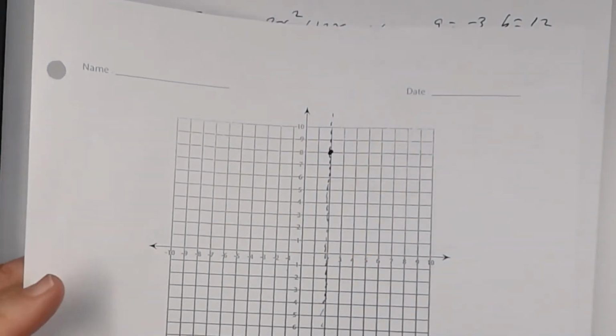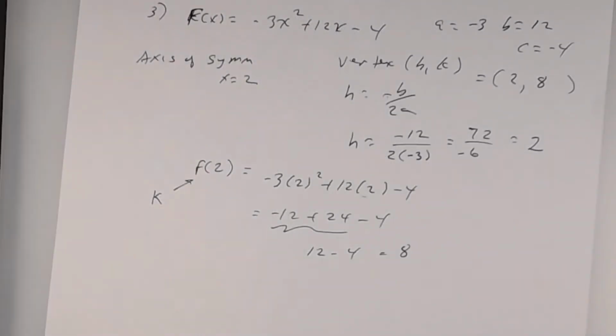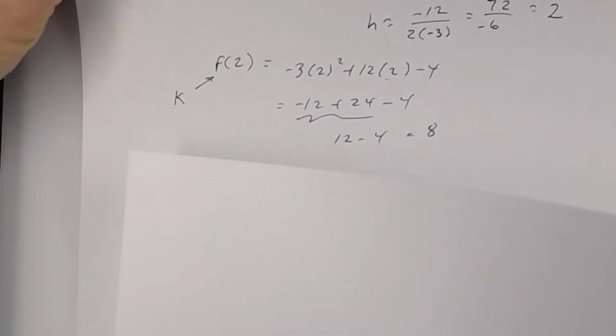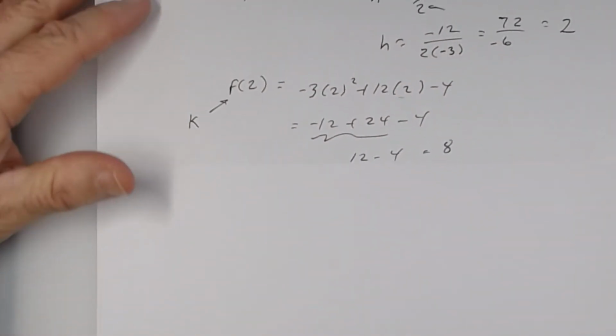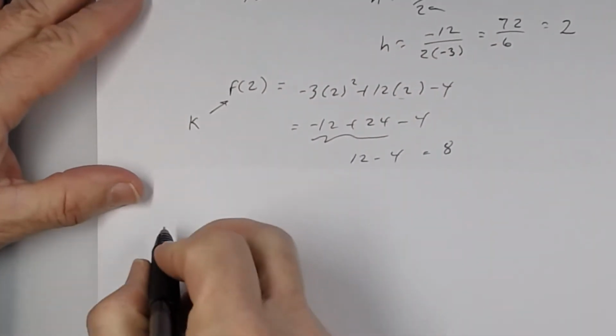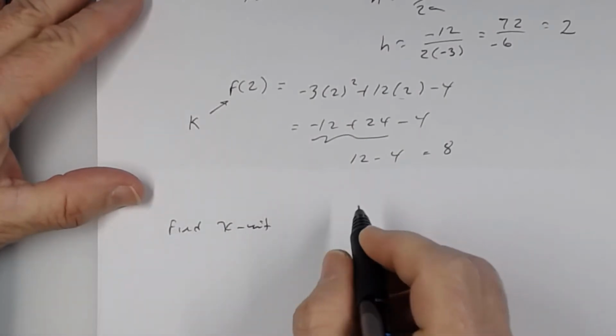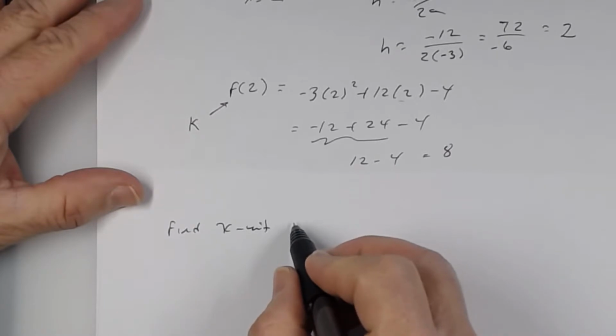Okay, now, let's find the X-intercepts. I'm going to go ahead and use another sheet of paper. All right, listen carefully to this. This is going to be a little bit of work. To find the X-intercepts, what do you do?